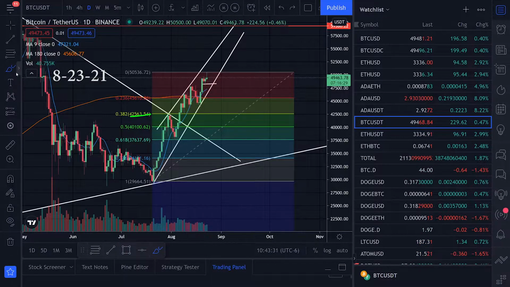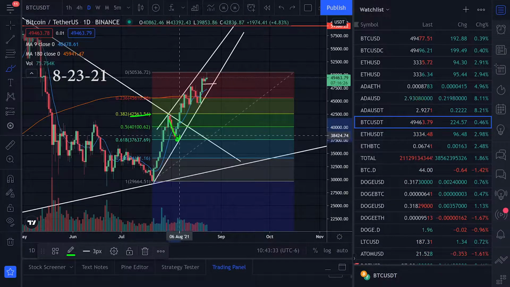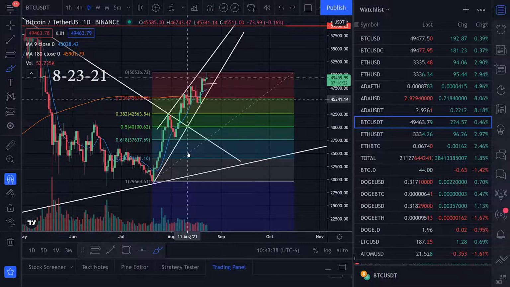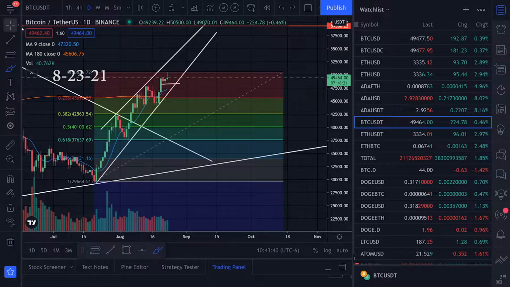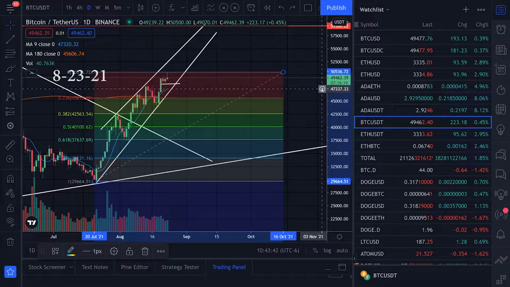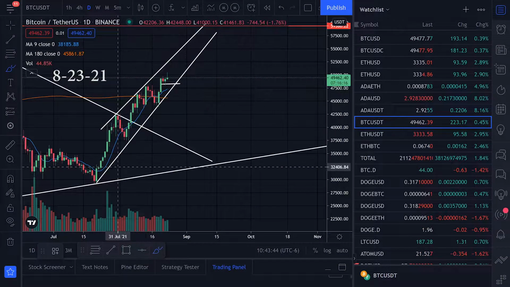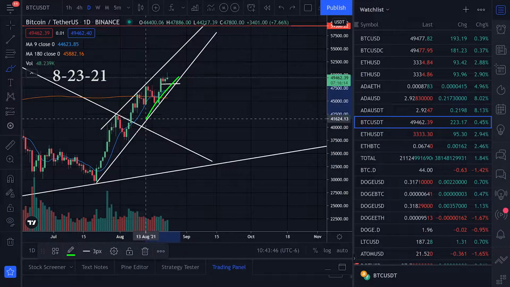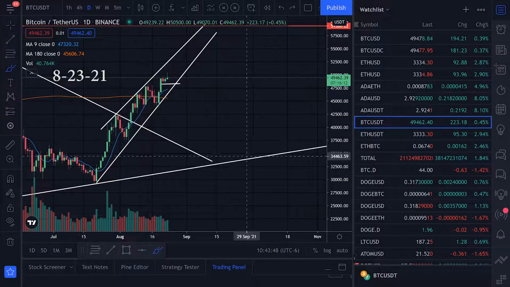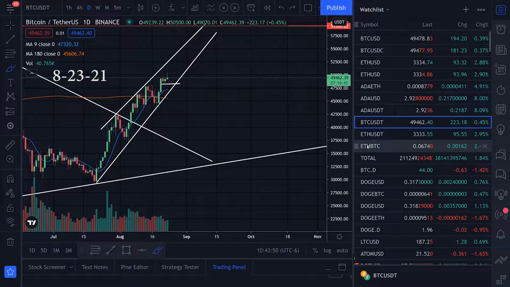You could see that we have some support lining up right at this 61% level. But yeah, you're gonna have to make your own decisions. Like I said, until we break this bottom trend line, I'm not really looking at those quite yet. But it's something to think about and just another thing to check out.